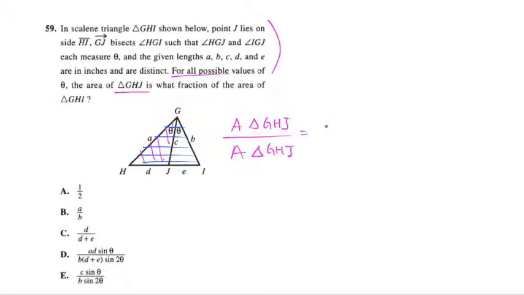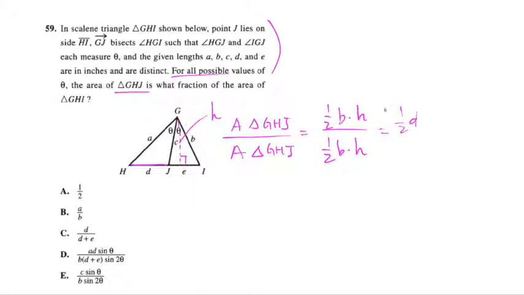Now, what is the formula for the area of a triangle? It's 1/2 base times height. Same thing for the bottom. Now, these numbers are going to be different. The base for triangle GHJ is D. So that's 1/2 D. The height is just the altitude that I create there, and we don't know what that is.